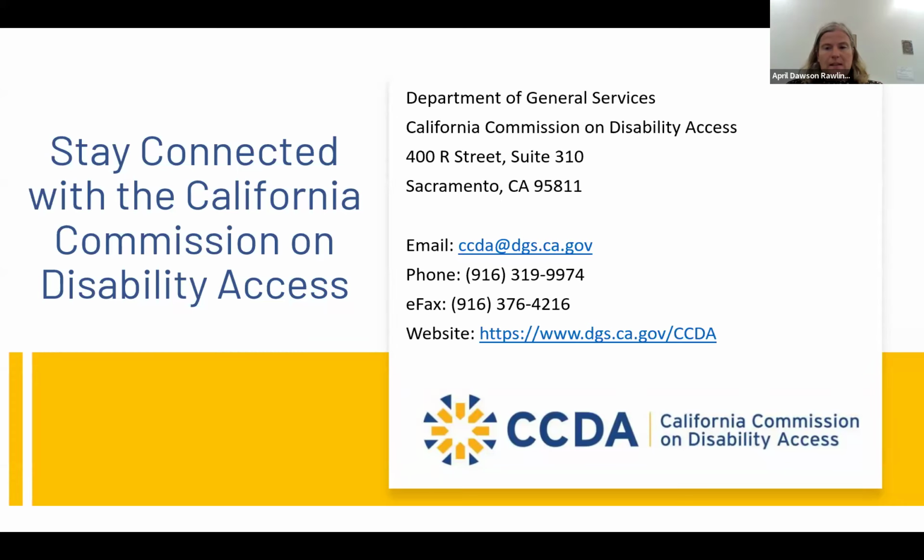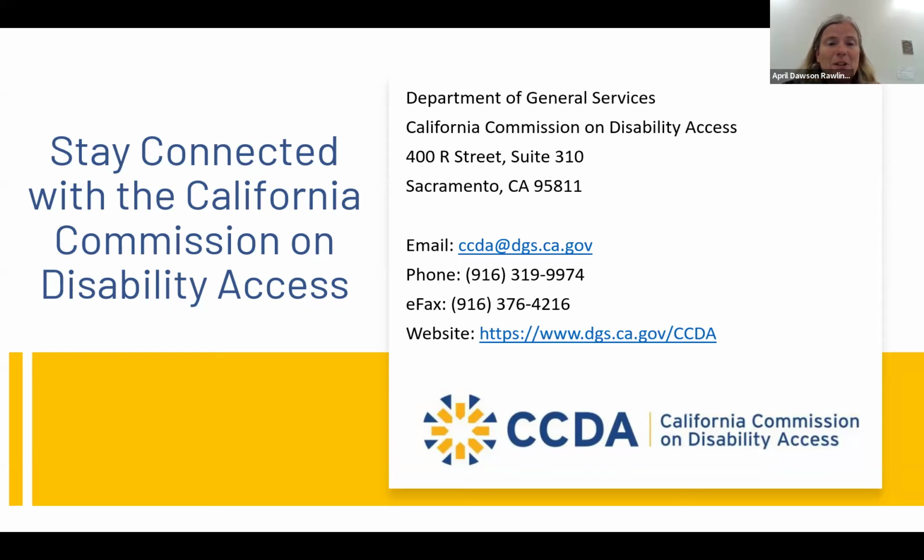This is April. You can stay connected with CCDA by emailing us at ccda@dgs.ca.gov. Also, all of our meetings are open to the public and subject to public meeting laws such as Bagley-Keene.